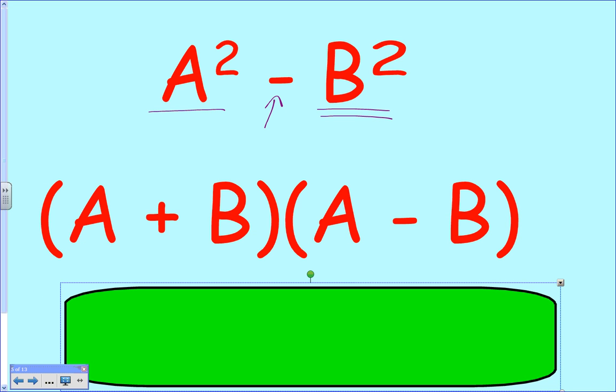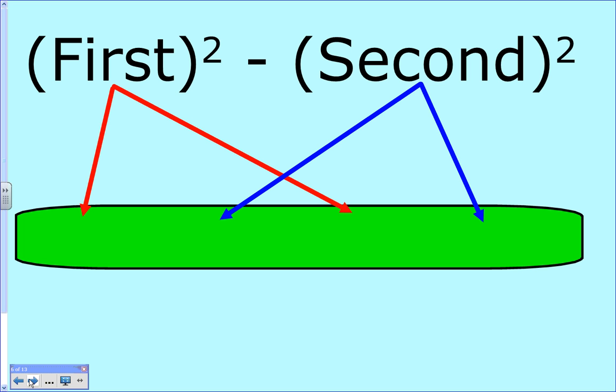That would be a plus b and a minus b. That's your generic factorization of a difference of 2 squares. You're trying to identify 2 things being squared, a first and a second, separated by a minus, a difference of 2 squares.